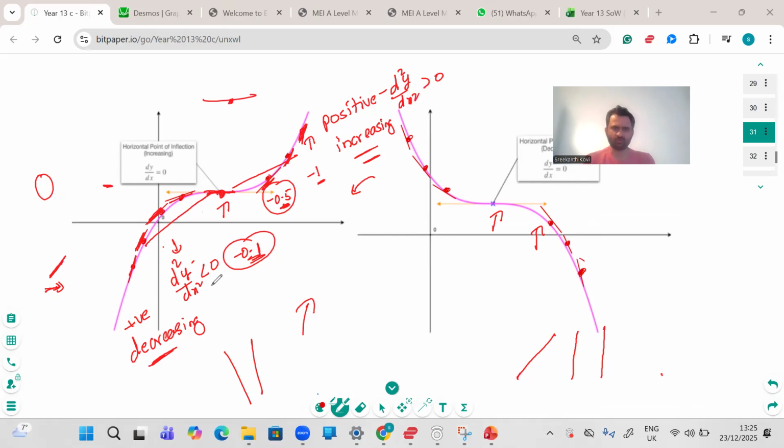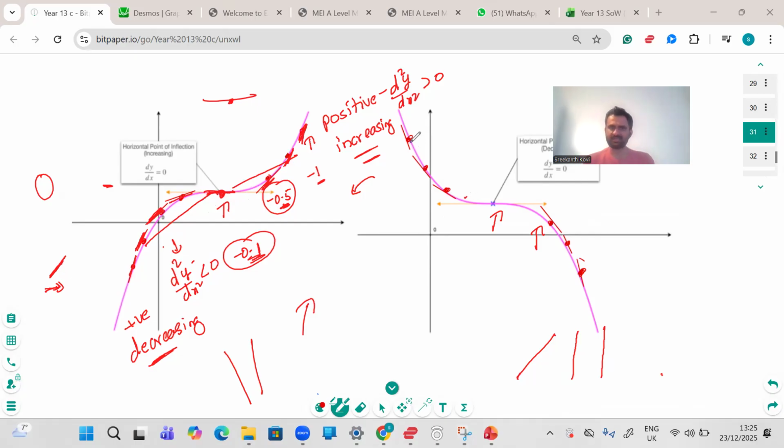We will go through the condition again, but at this point of time, what you need to understand is the curve changes its concavity compared to before the point of inflection and after the point of inflection.